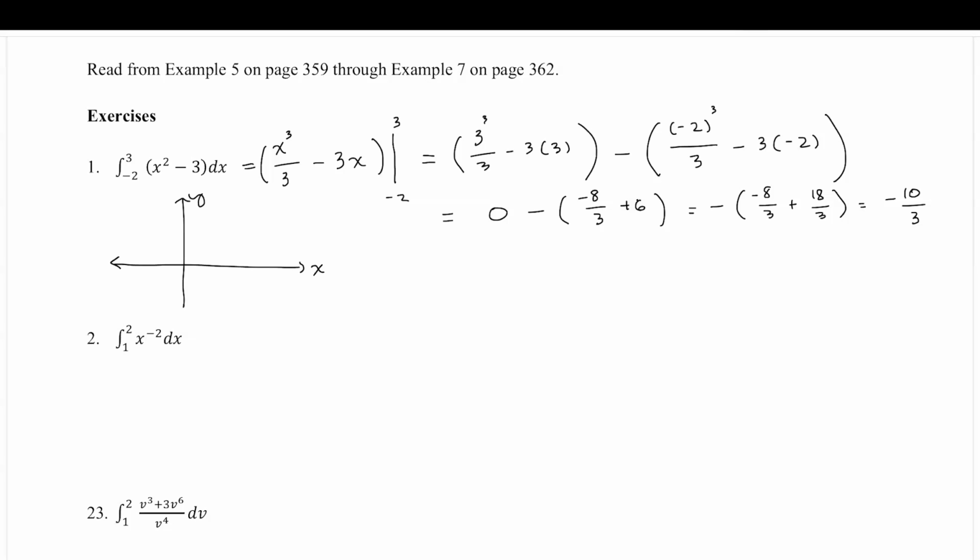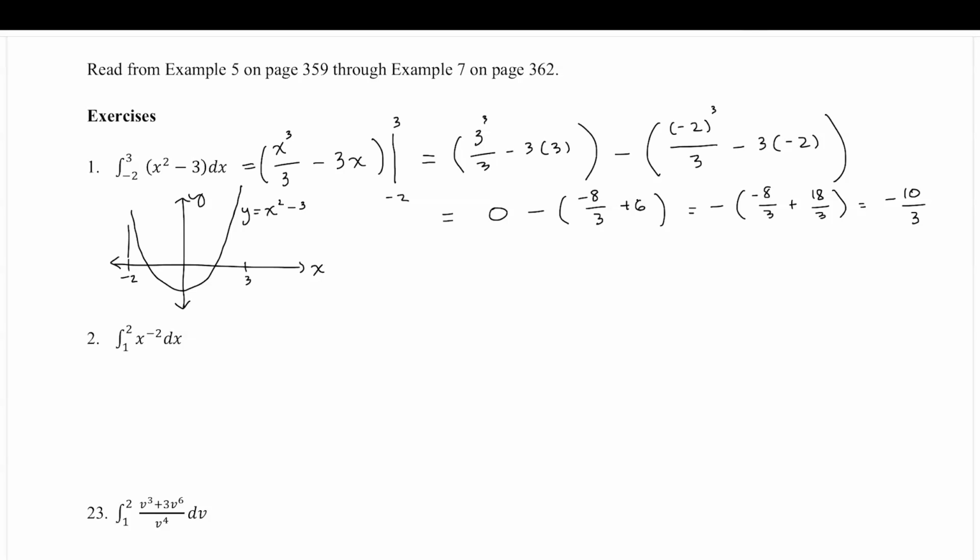Let's think about this graphically, because I got a negative answer, but this is supposed to be area under a curve. So x squared minus 3 is like our friend y equals x squared, but shifted down 3 units. And I'm integrating from negative 2 to 3.